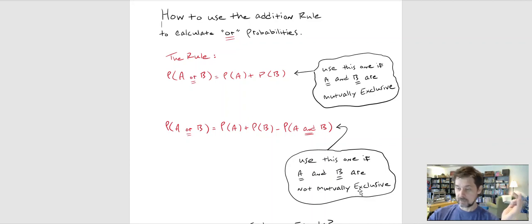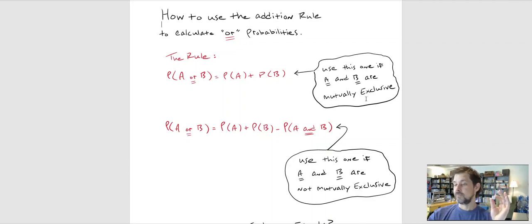I have in other videos. But so far you'd say, okay, if I'm calculating an "or" probability, I've got these two equations and I'll use one or the other, and it will come down to me knowing whether the events in question are mutually exclusive or not. Okay, so that's what I'm starting with.